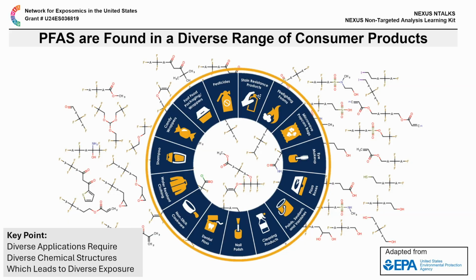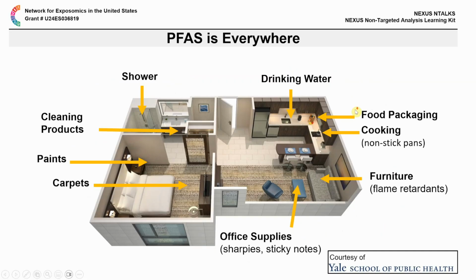And so the point here is that it is very hard to avoid exposure to PFAS, and that in order for PFAS to be used in all these different consumer products, it needs many different chemistries, leading to a very diverse range of PFAS chemicals we're being exposed to, all of which might have different toxicities and fate and transport properties in the environment. So like we talked about, PFAS is everywhere.